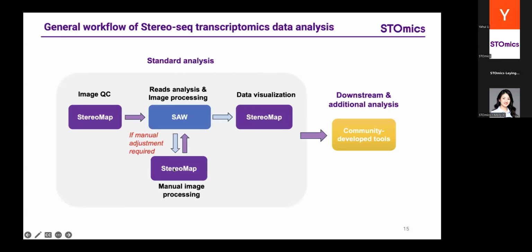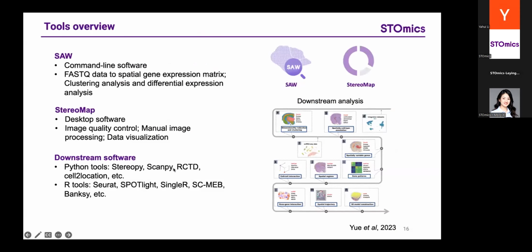For more advanced downstream analysis, we rely on community-developed tools. Now, let's look at the main tools used in analysis. First, we have SAW. This is the command line tool that handles the core processing steps. Next is Stereo-map, a desktop software used for image quality control, manual image processing, and data visualization.